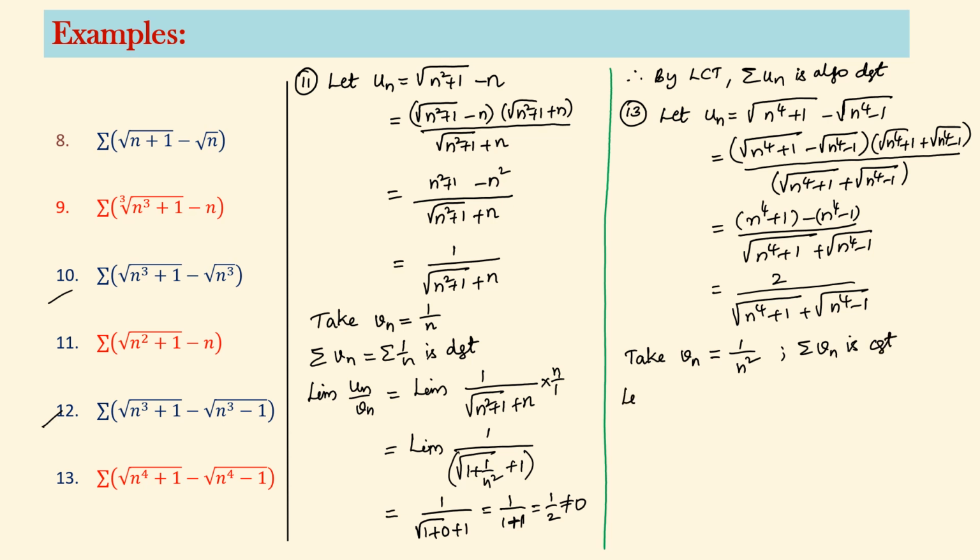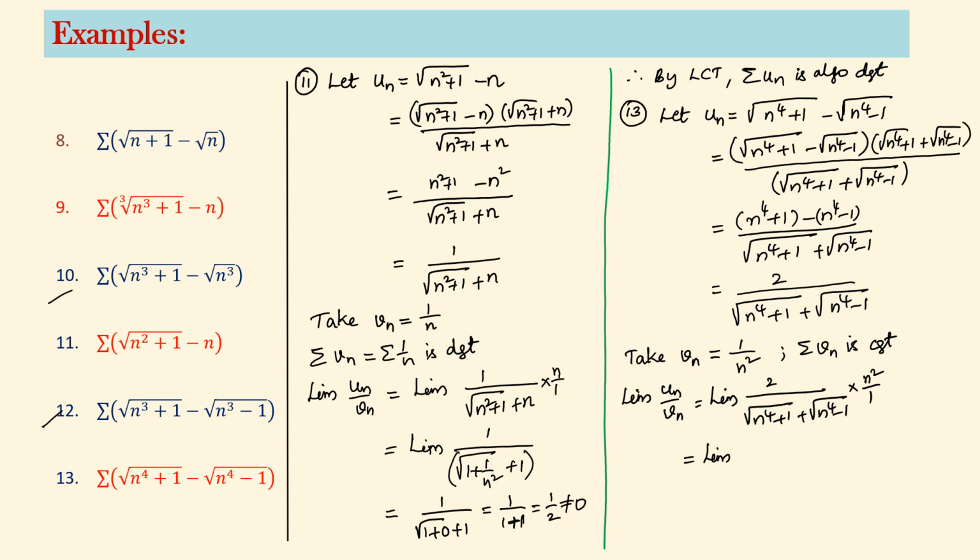So therefore limit of un by Vn, where un is 2 by square root of n power 4 plus 1 plus square root of n power 4 minus 1, and Vn is 1 by n square. Taking this to the numerator, into n square by 1. So take n power 4 outside common.